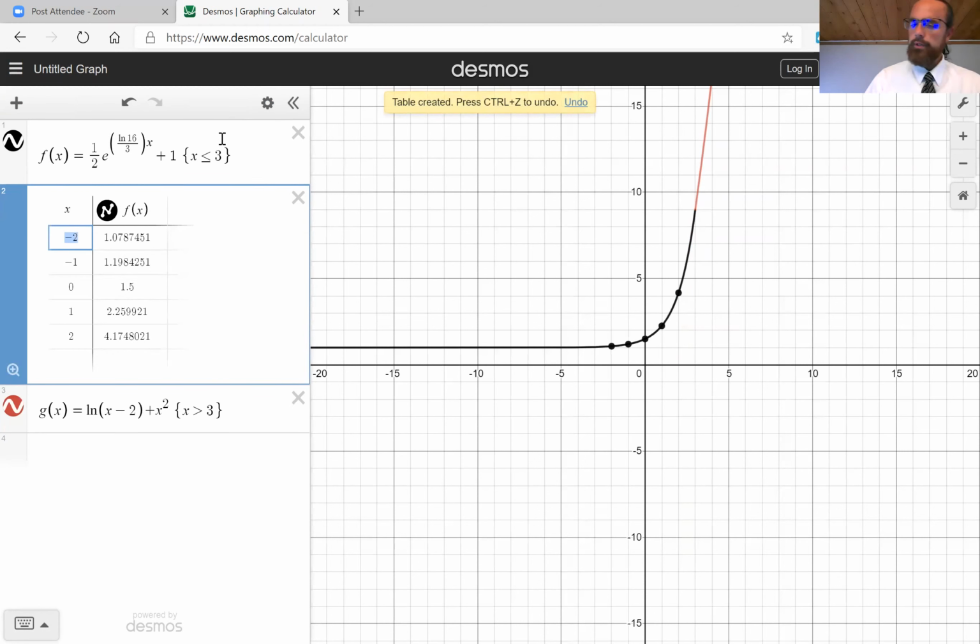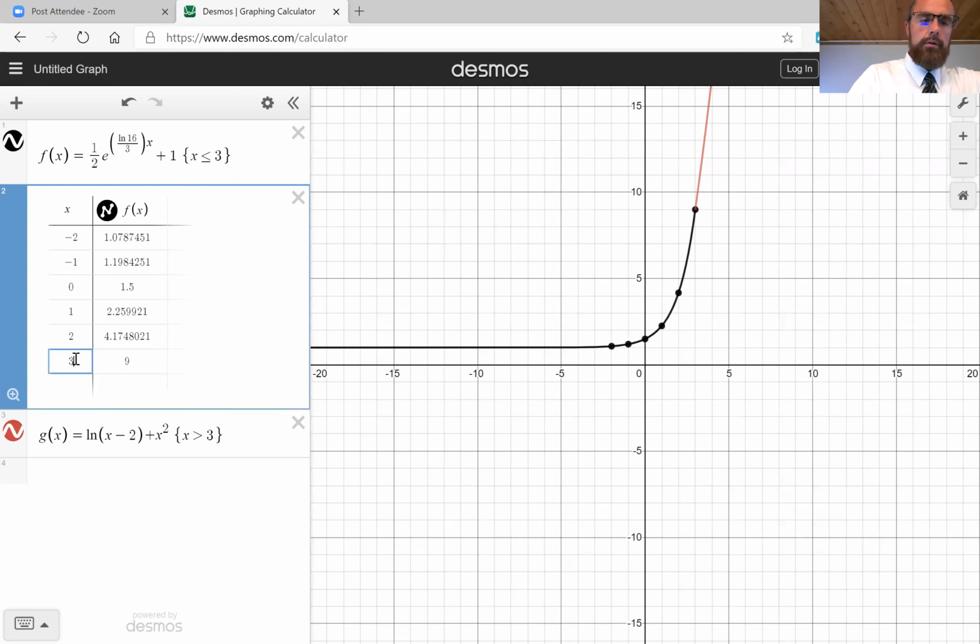So for the first one, I'm going to record 1.08 at -2, 1.20 at -1, 1.5 at 0, 2.26 at 1, 4.17 at 2. It's defined also at 3, and I put that in the table as 9. So that's good for the left-hand curve.